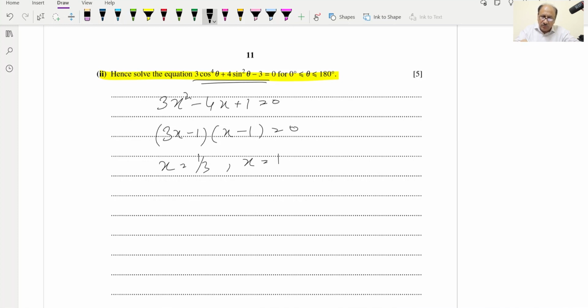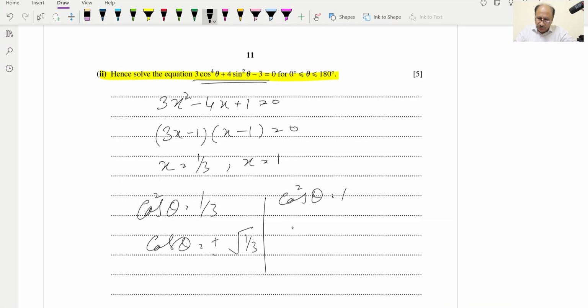So x is what? x is cos square theta. So cos square theta will be equal to 1 by 3 and cos square theta is equal to 1. So cos theta is equal to plus minus the square root of 1 by 3, and cos theta is equal to plus minus 1.